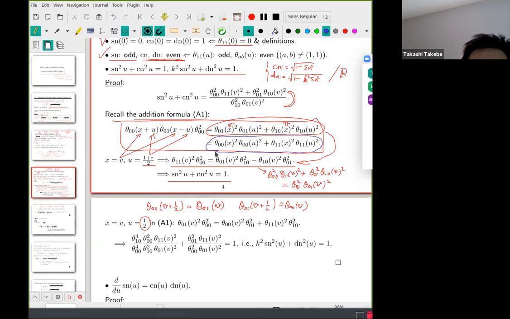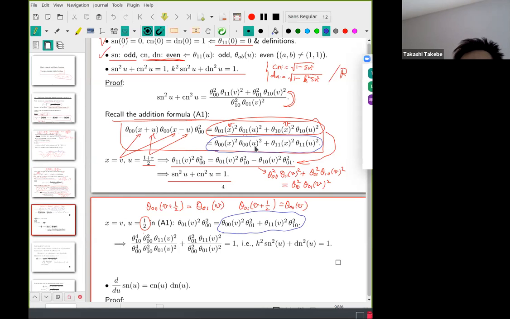From this one, we have this. Because by shifting 1/2, this theta 0, 0 of 1/2 becomes theta 0.